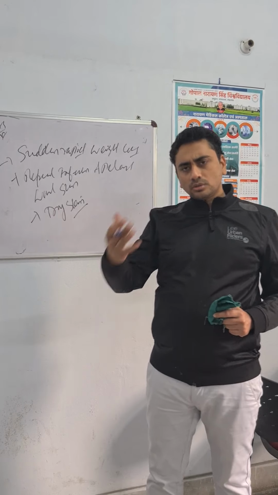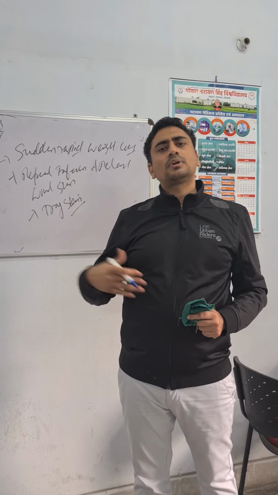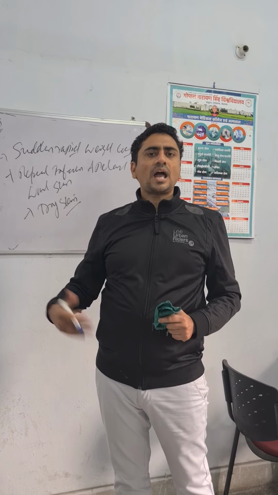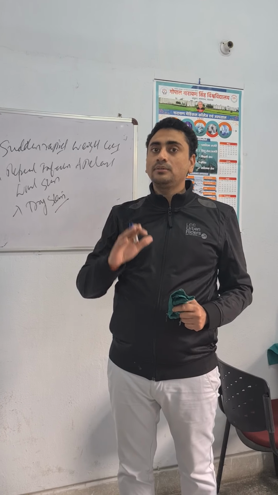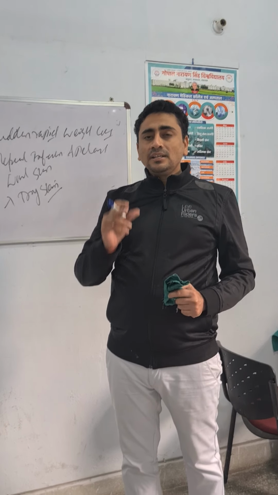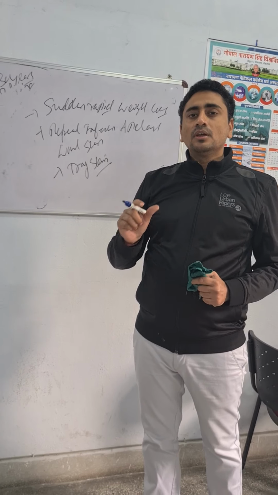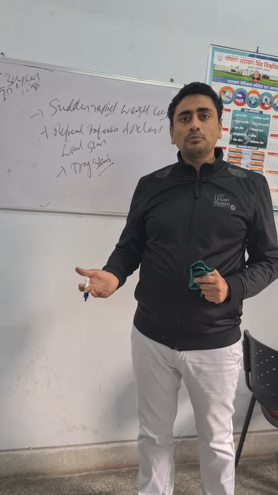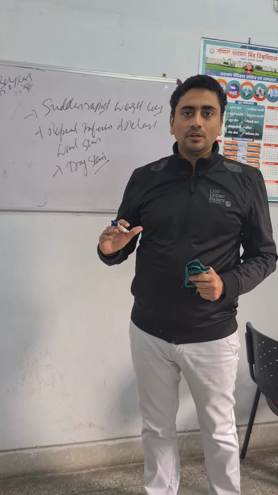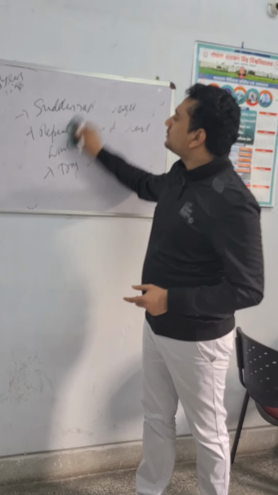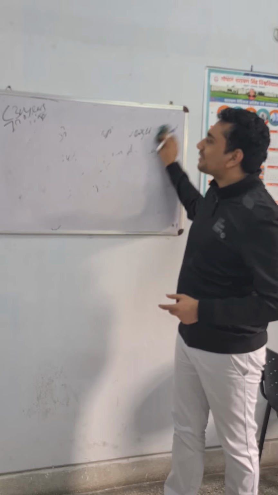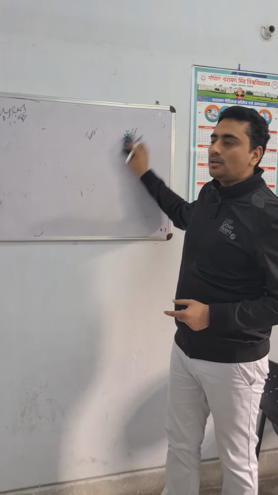So all those signs and symptoms can be seen in case of type 1 diabetes mellitus. The only point here is that the signs and symptoms are very rapid and very acute, meaning they will appear suddenly, and they will be very vivid, very clear. So this is all about signs and symptoms of diabetes mellitus.